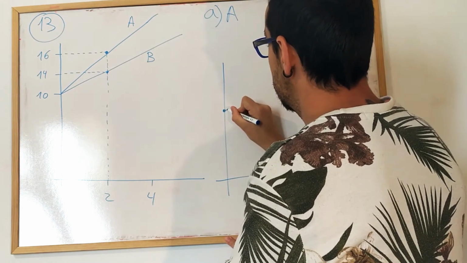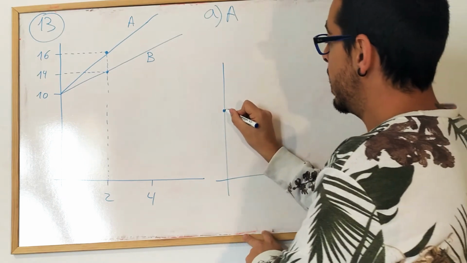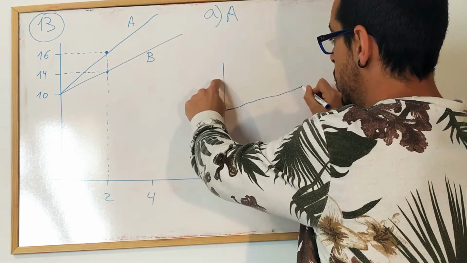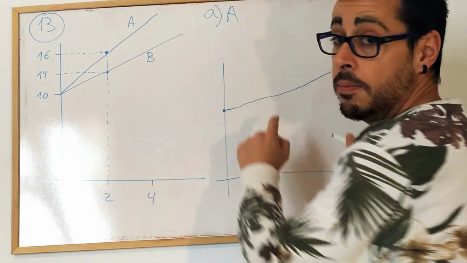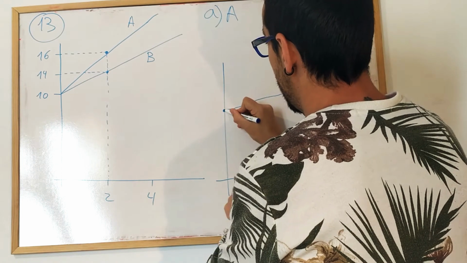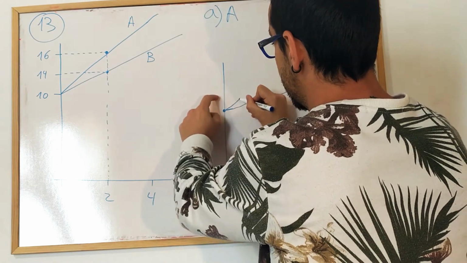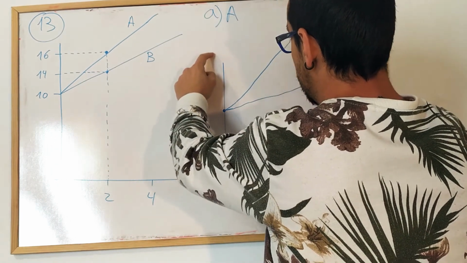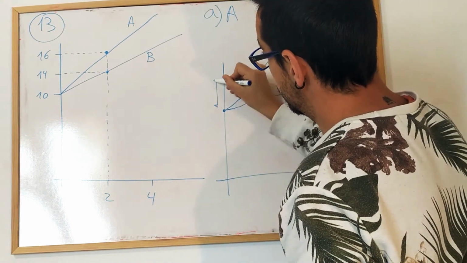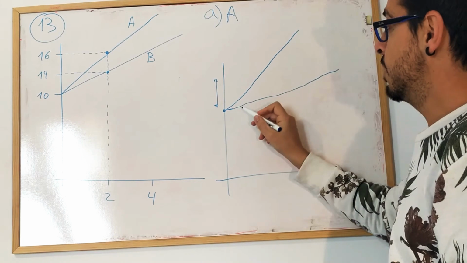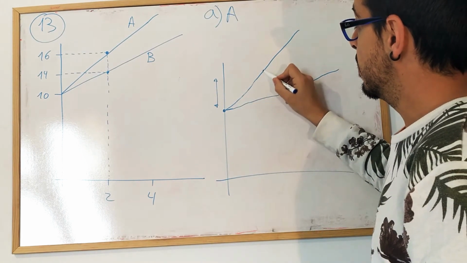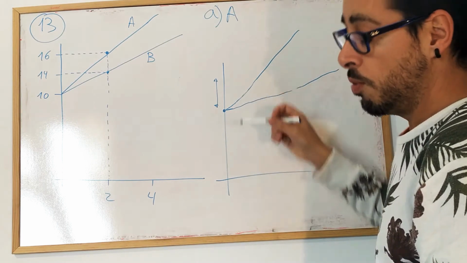And B, as the time goes by, B is increasing its position slowly, as you can see, okay? And in the case of A, as the time goes by, it is increasing its position faster, okay? The increase of position is here, and you can see that the increase of position is higher in the case of A, so it's moving faster.